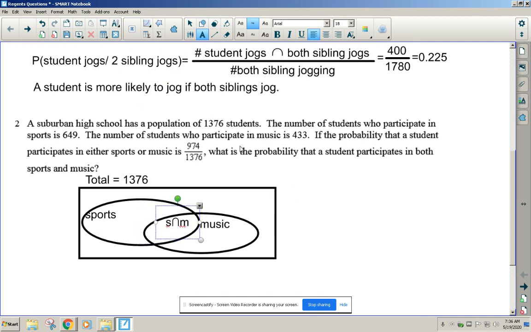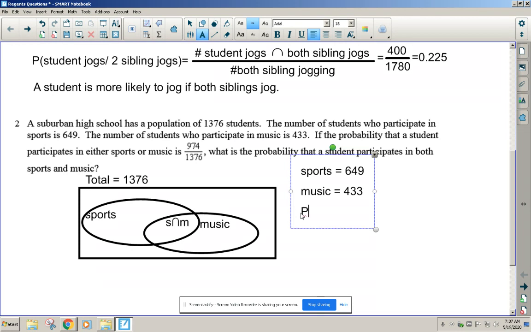Now, the next thing is we have to see what's going on with this. The number of students who participate in sports is 649. So if I have sports, and then I have the number of students who participate in music is 433. And the probability now that a student participates in sports, or this isn't an and, now they're giving me an or, which is really significant.